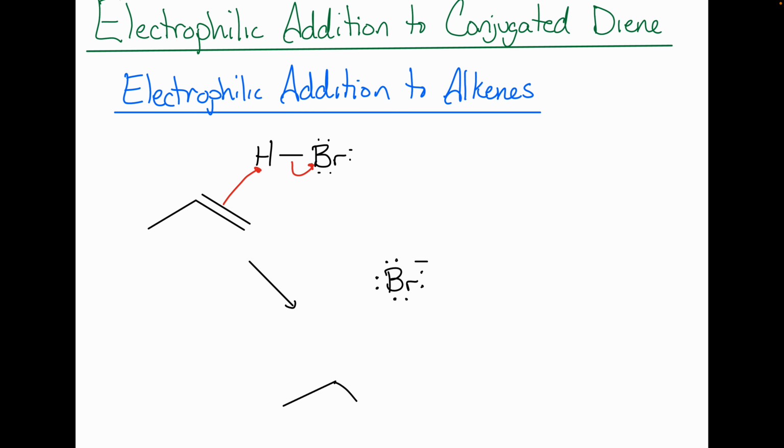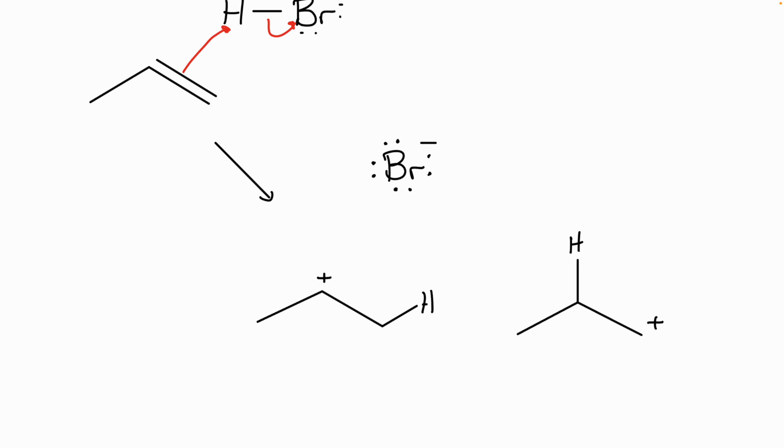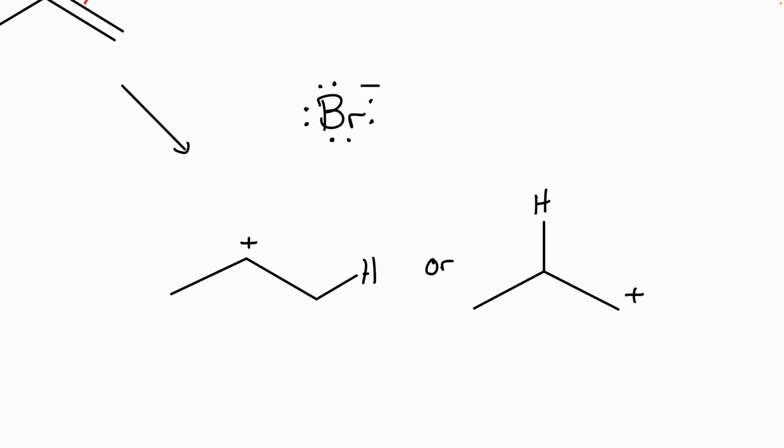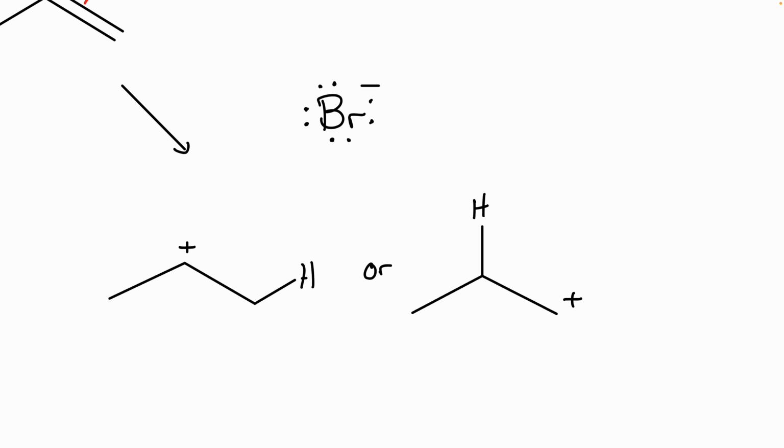Okay. And this was our first little dabble into regioselectivity here, because we could have two possible carbocations that form. Okay. Which one of these is going to be my intermediate? The one on the left or the one on the right?